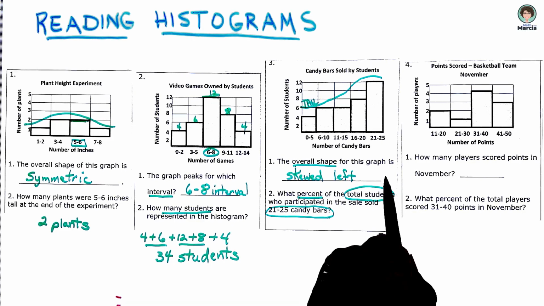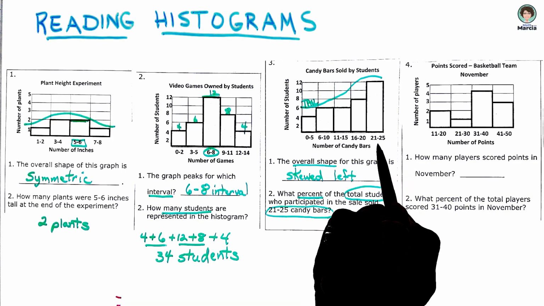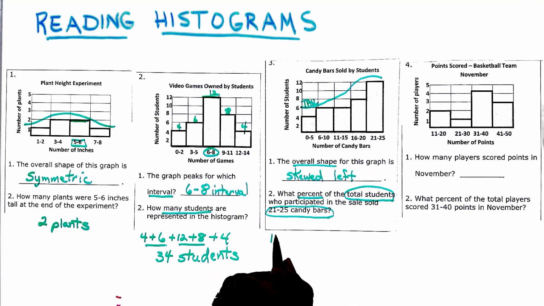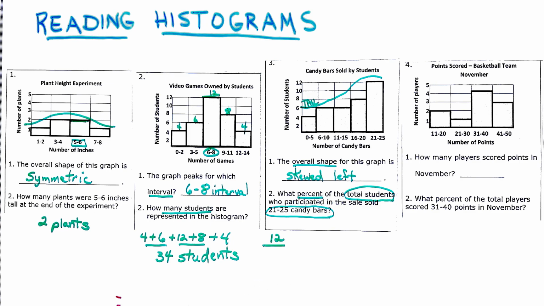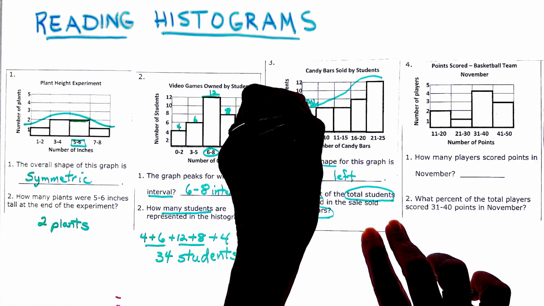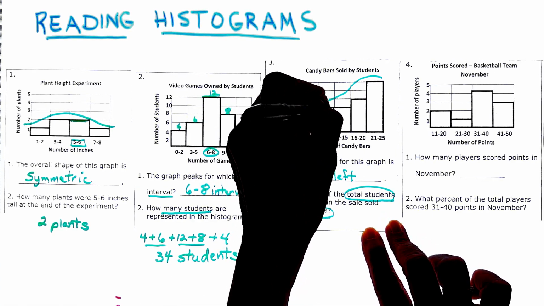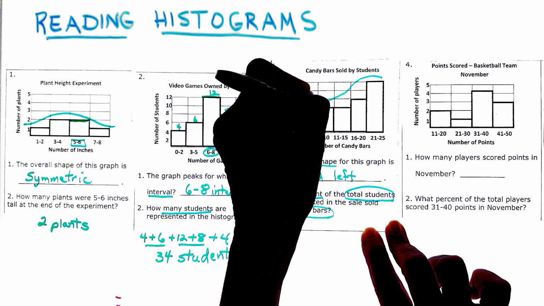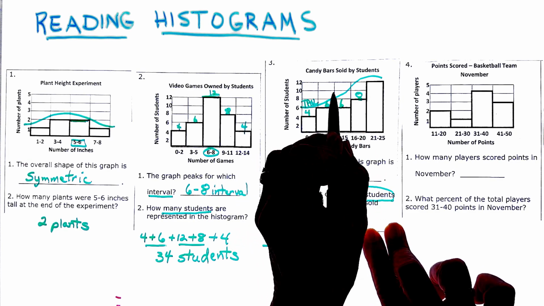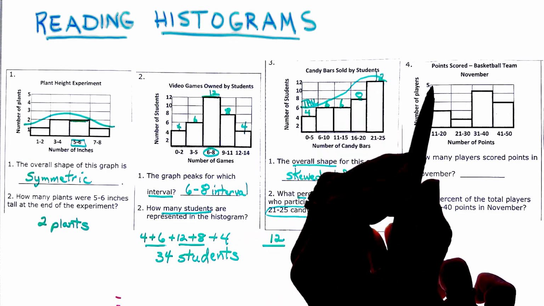I go to my interval here, and for 21 to 25, it is a 12. And I have to put it over my total number of students. So I'm going to add my 4 plus my 6 plus my 8 plus my 12.